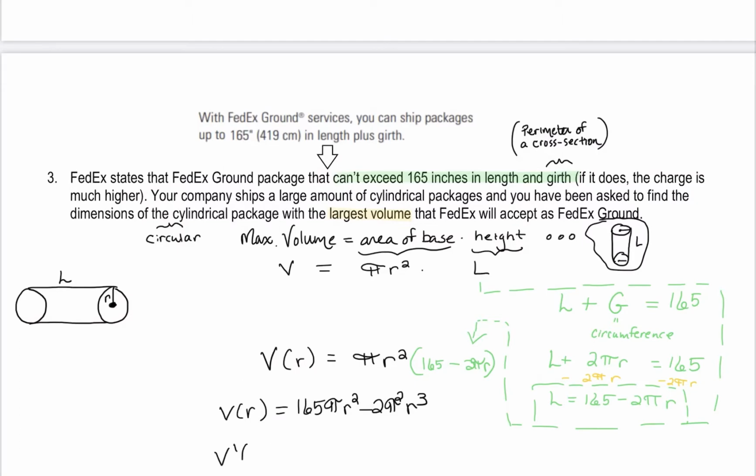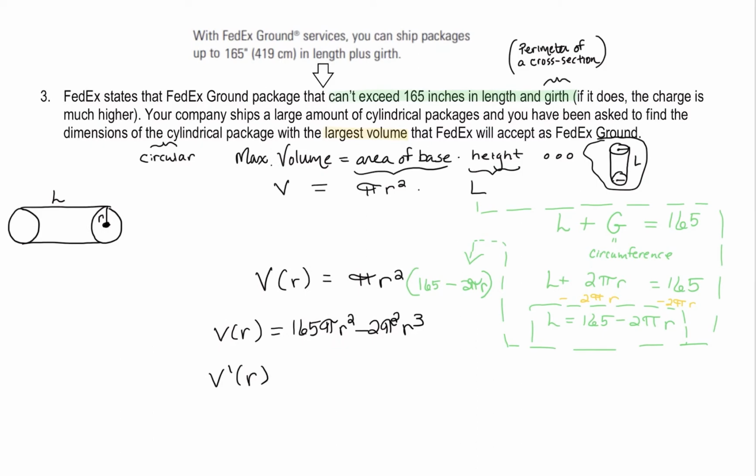All right, so now we can just take the derivative term by term, just remembering pi is just a constant that's going to be carried along like any other. And so bringing down the 2, we're going to have 330 pi r to the first.